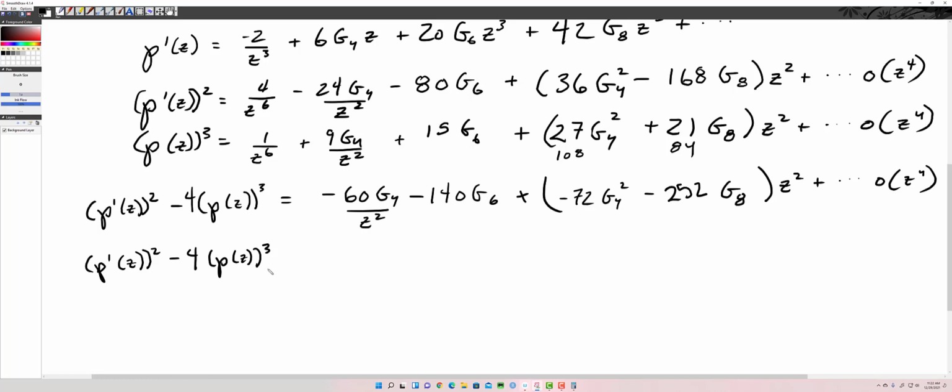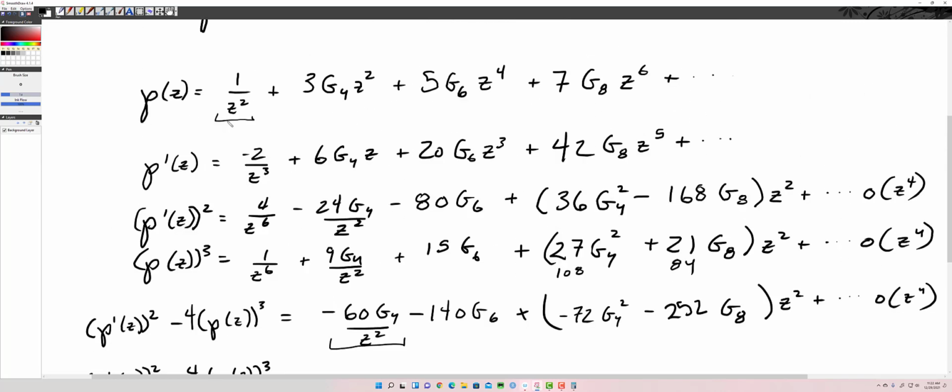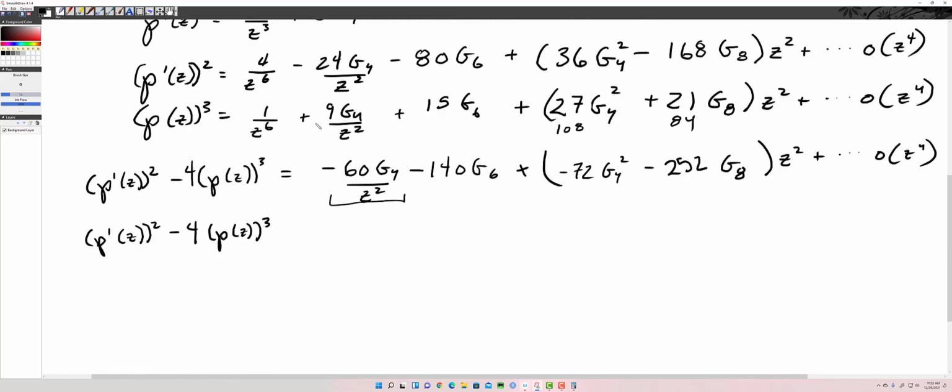So anyway, here's what we have. We've got this term here. Now, both of these are elliptic functions. What do we need to get rid of? Well, there's only one pole here, and it's right here. Okay. So what we're going to need to do is add 60g4 times this original one, right? Because we've got a 1 over z squared in p of z. So we're going to add in 60g4 p of z. And what's that going to give us?